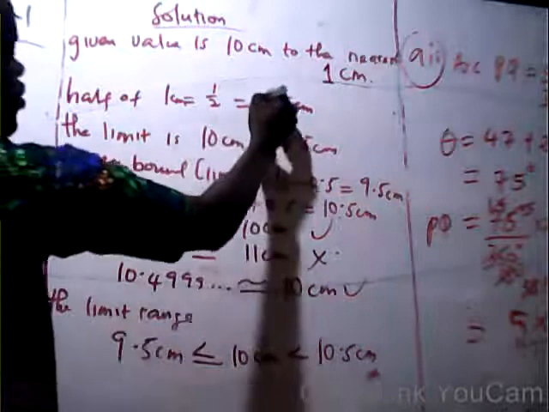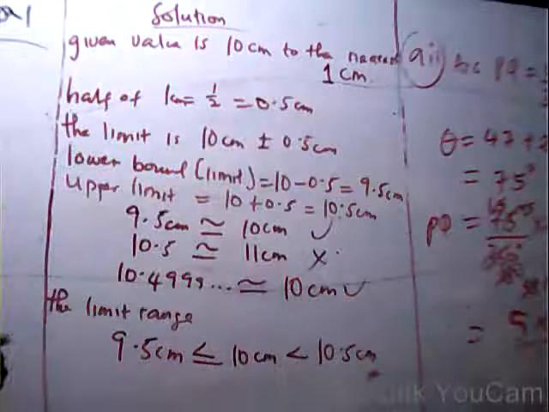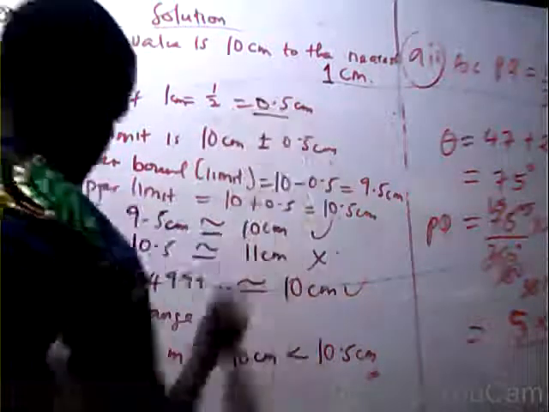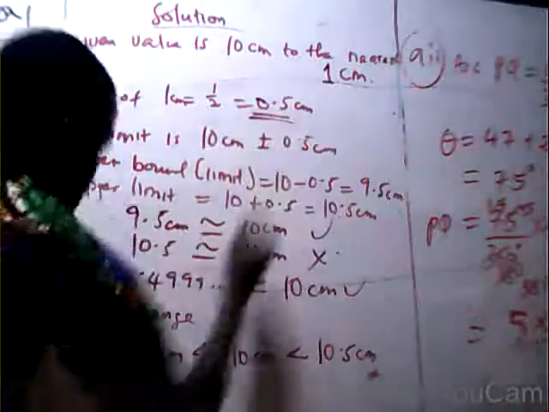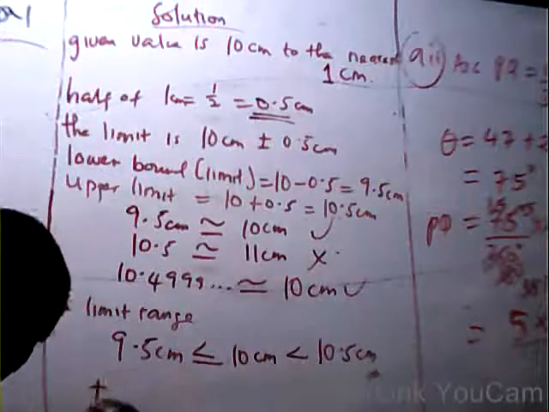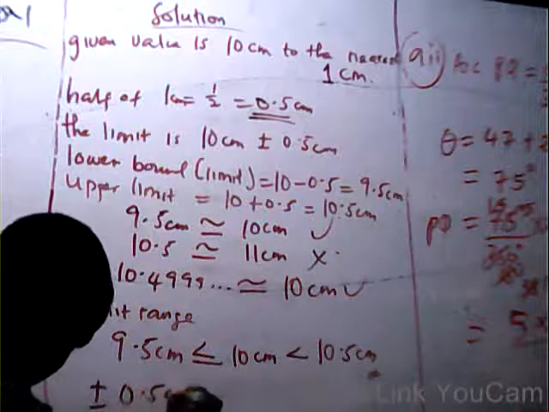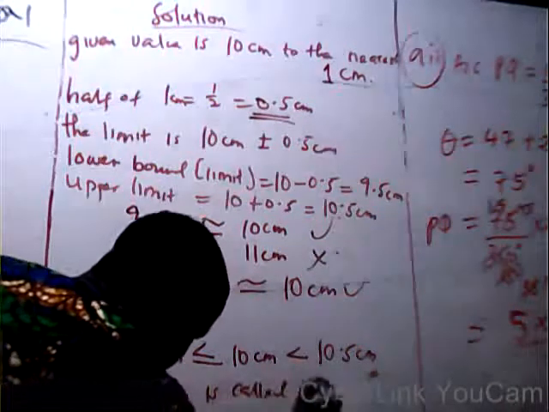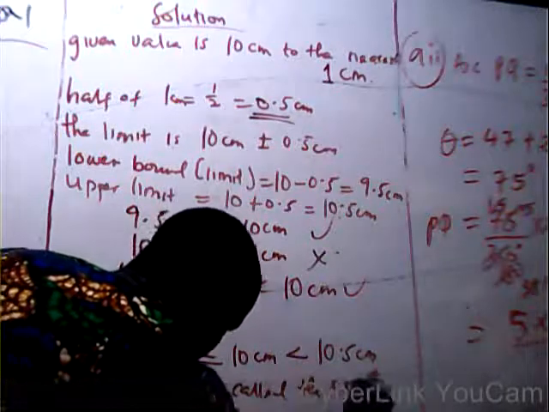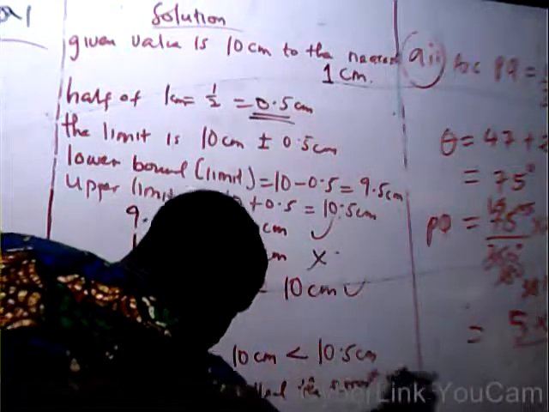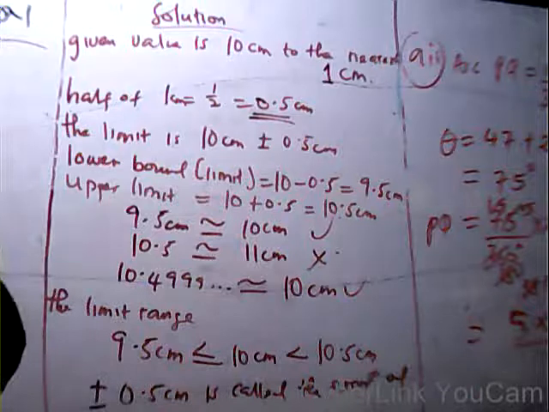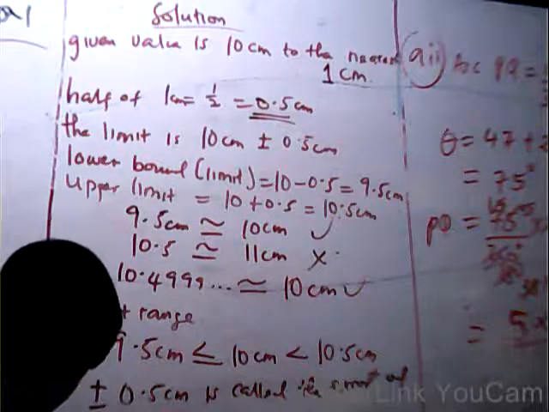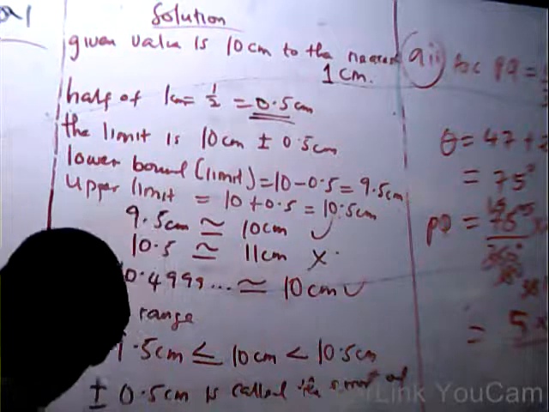That plus or minus 0.5 centimeter is called the error of measurement. It's called the error of measurement.